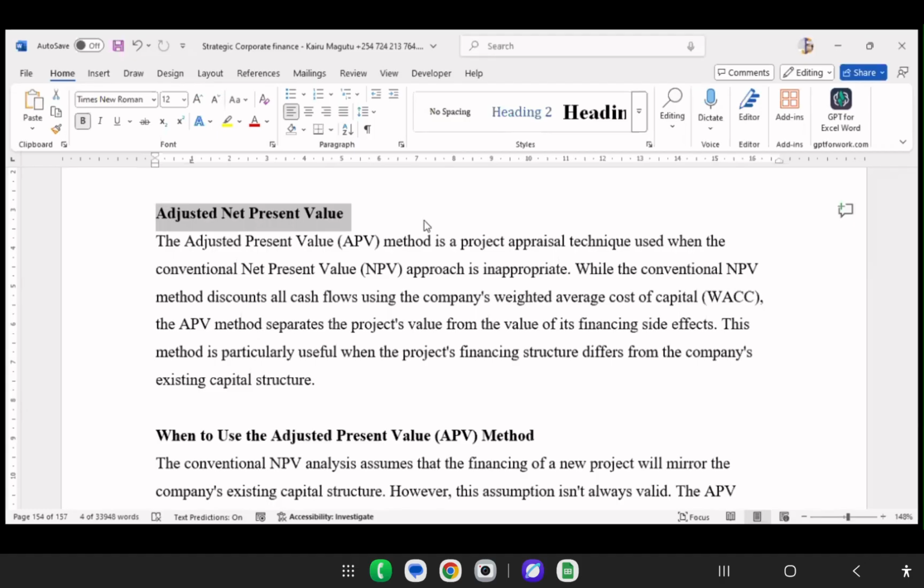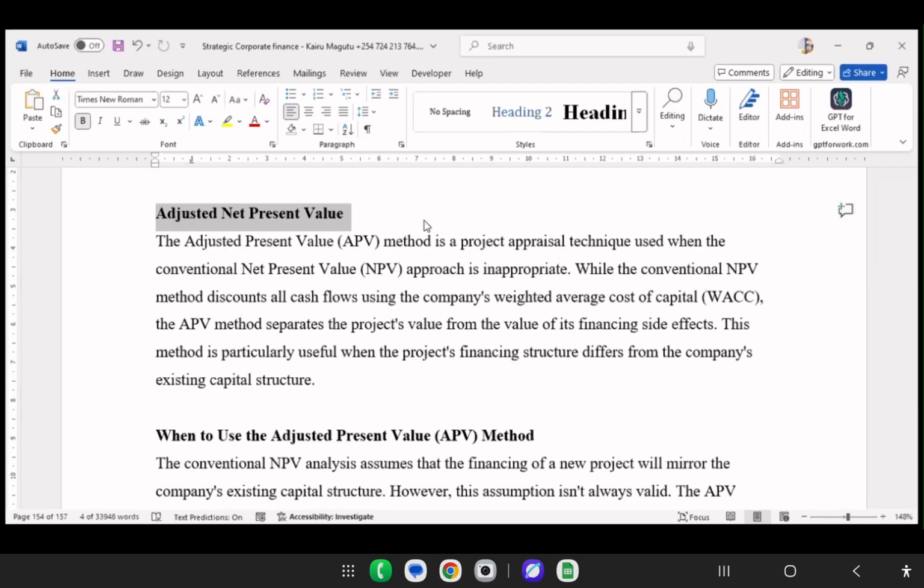is not appropriate. While the conventional NPV method discounts all cash flows using the company weighted average cost of capital, the adjusted present value separately values the financing effect. This method is particularly useful when the project financing structure differs from the company's existing capital structure.